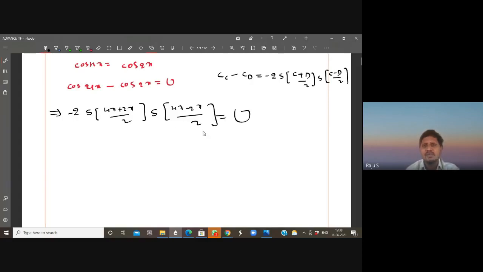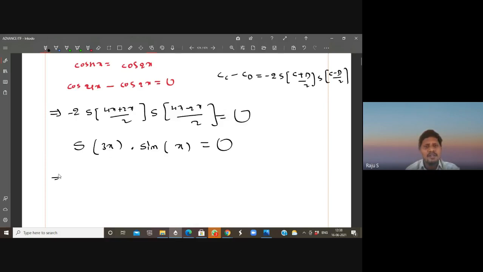Just cross multiply the minus 2. 4x plus 2x is 6x, 6x by 2 is 3x, into sin of 4x minus 2x, which is 2x, 2x by 2 is x.